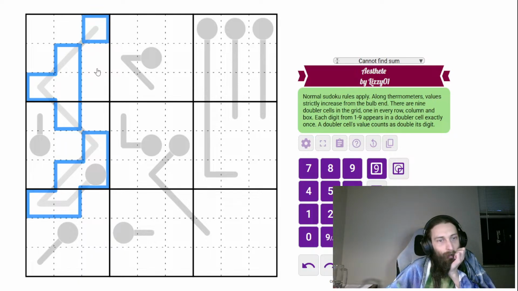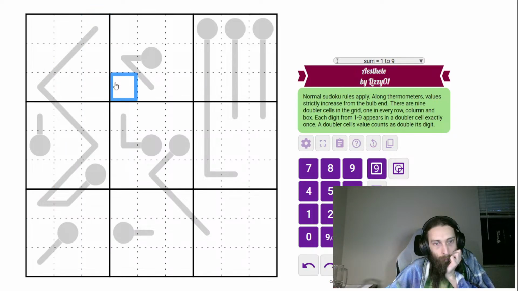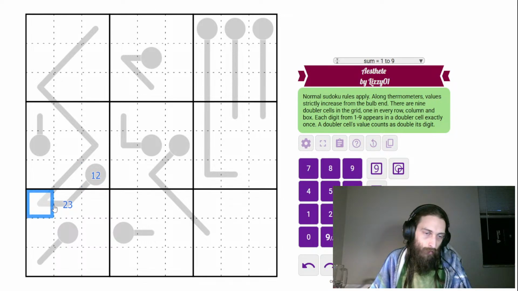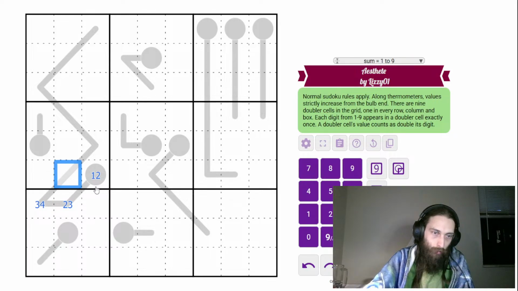Unfortunately, we can put a doubler on it. Oh, right, doublers. And then it can go all the way up to 10. So I'm going to put the value on here, and hopefully not get too confused.